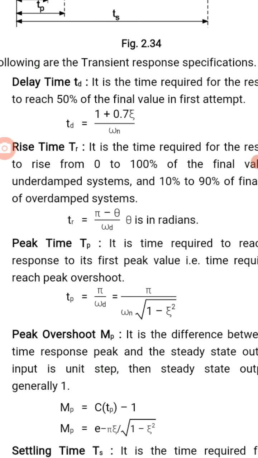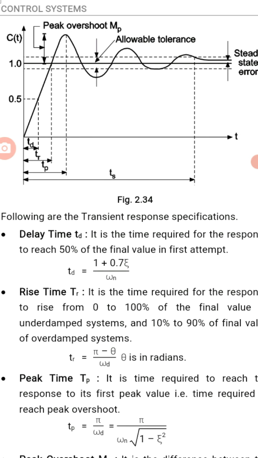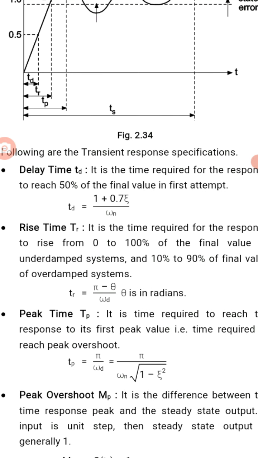Tr, the rise time, is from 0 to 90% or 0 to 100% in underdamped. This system is underdamped, so here we are considering 0 to 100%. But if it is an overdamped system, then 10% to 90%. In many standard books you will find the definition as 10% to 90%. So Tr = (pi minus theta) upon omega d, where theta is in radians.